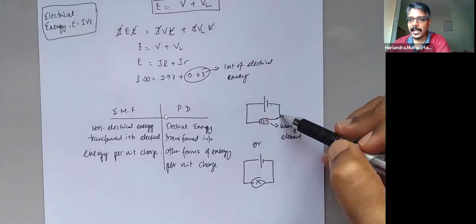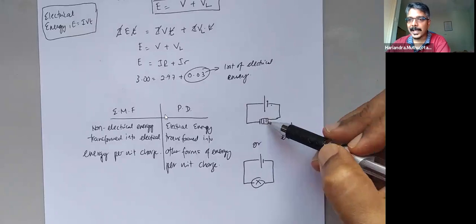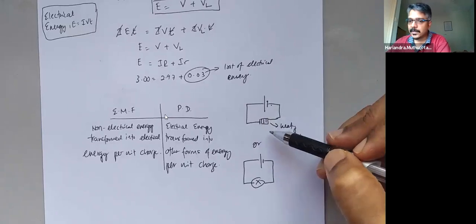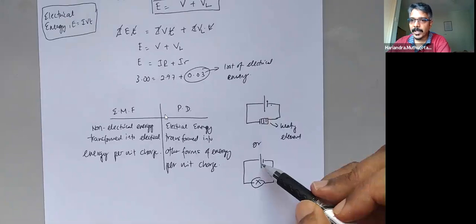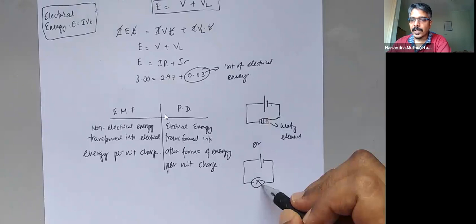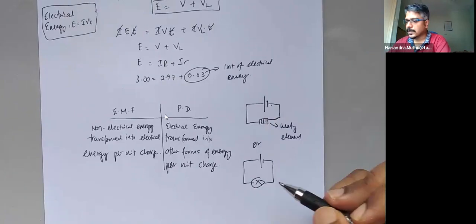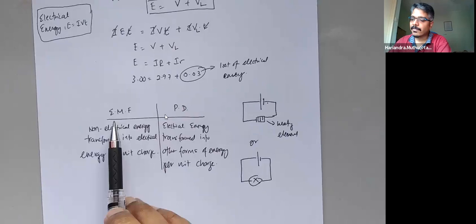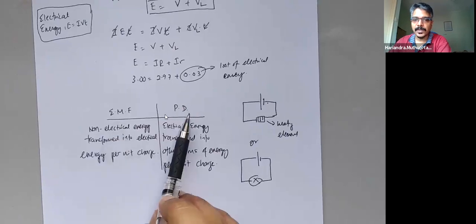The heating element converts that electrical energy into thermal energy, and the light bulb converts it into light or other forms of energy like heat. That is the difference between EMF and potential difference.